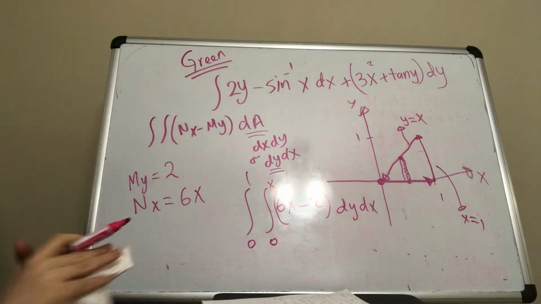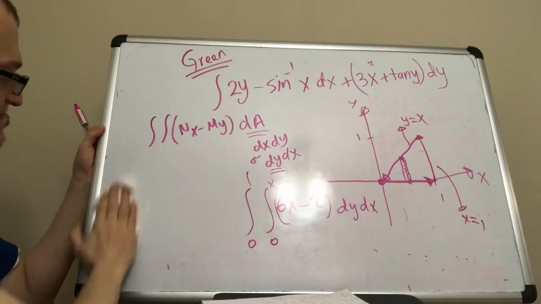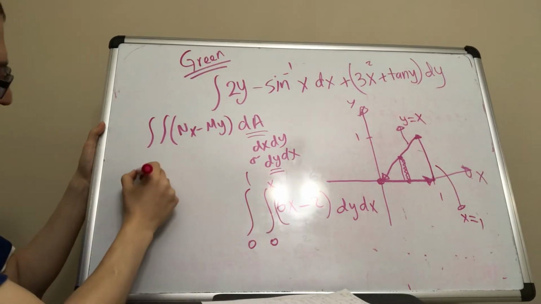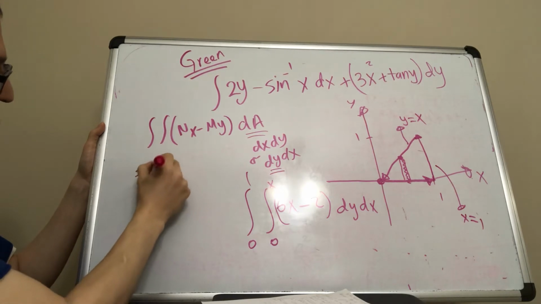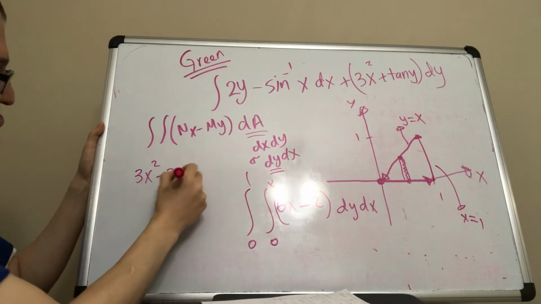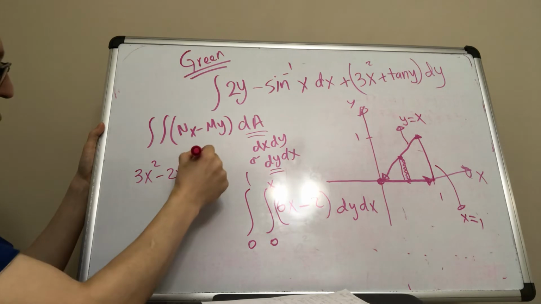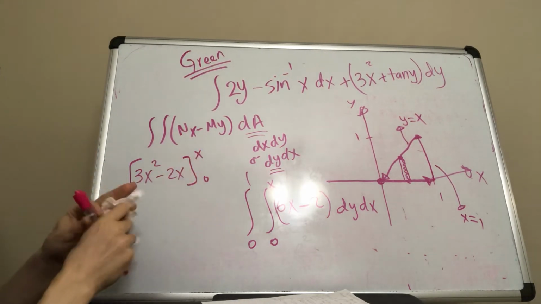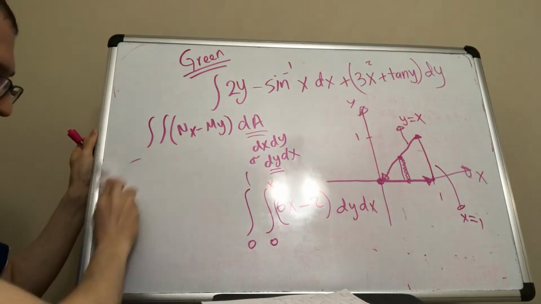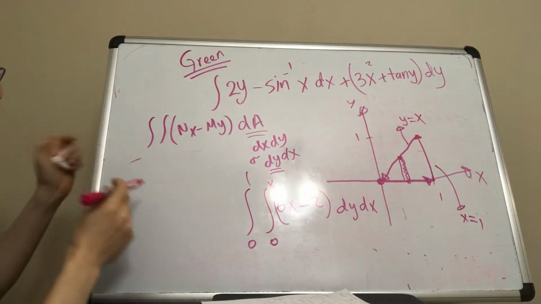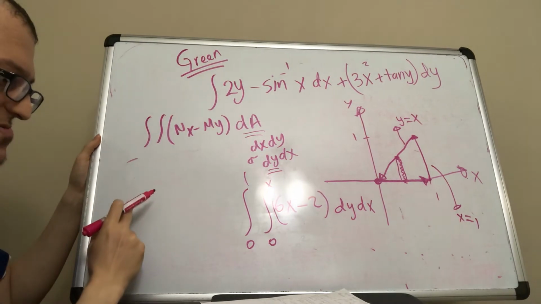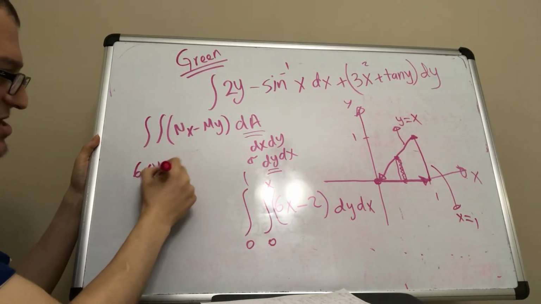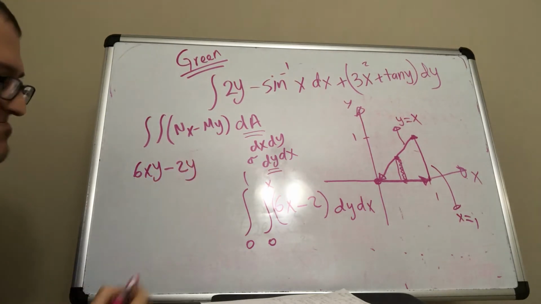Now you integrate. The integral of 6x would be 3x squared. The integral of 2 is 2x. You plug x and 0. Oh, sorry, I'm integrating dy first. The integral in terms of y would be, for the first one, 6xy, for the second one, 2y.